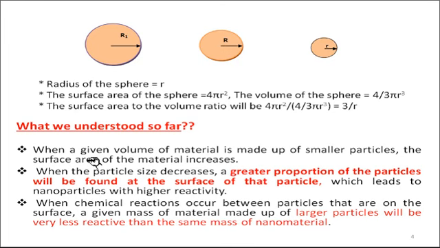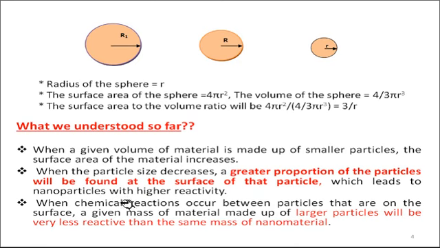So from this lecture, what we understood so far is, when a given volume of material is made up of smaller particles, the surface area of the material increases. Second point, when the particle size decreases, a greater proportion of the particles will be found at the surface, which leads to nanoparticles with higher reactivity.